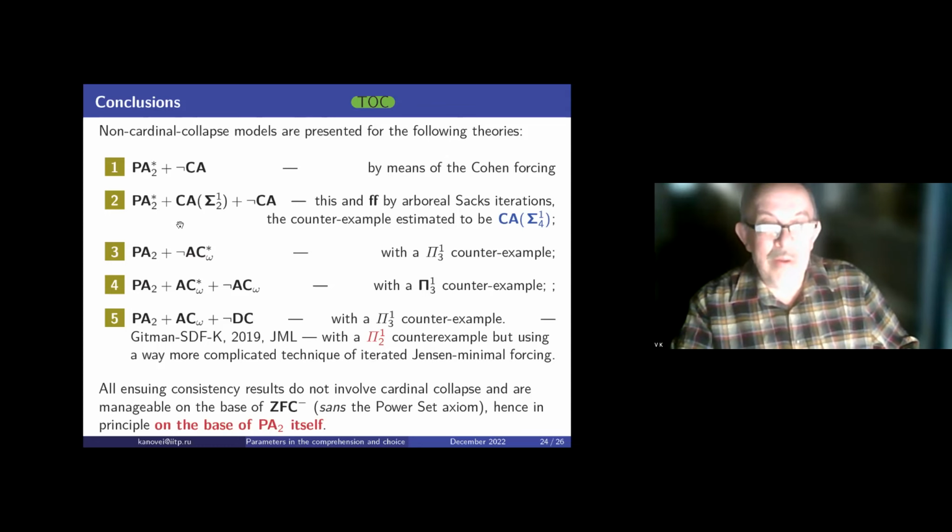And all these models, just a final remark, do not involve cardinal collapse. And they are manageable on the basis of second Peano arithmetic or technically on the basis of a submodel without the power set.